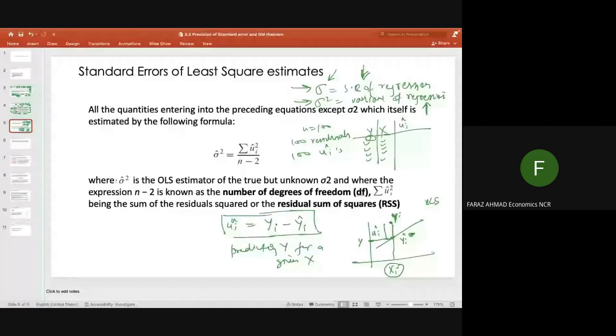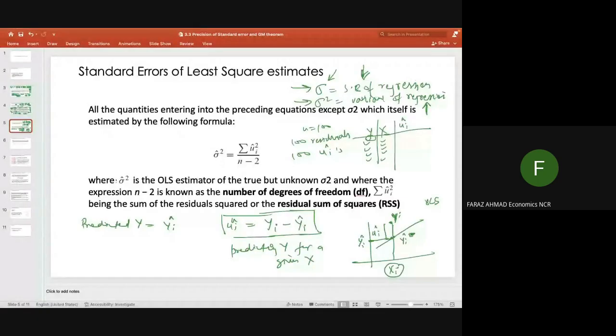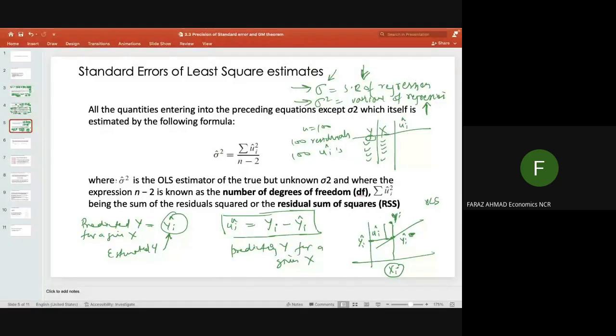We call it predicted y also. Predicted y for a given x is yi hat. We call it estimated y also. Estimated y, predicted y, all the points on the line, which are yi hats.